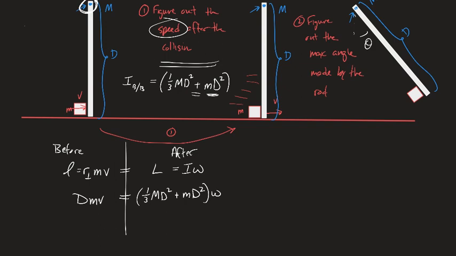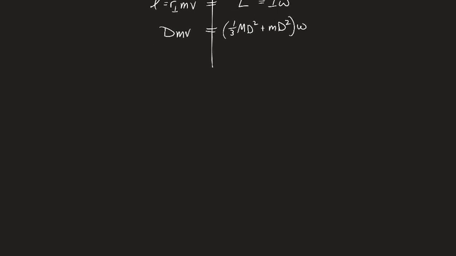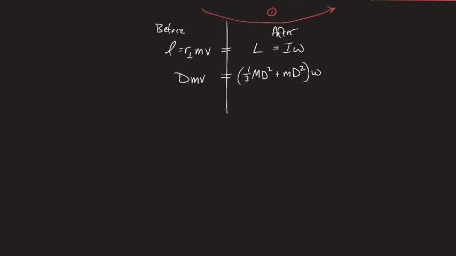And it seems to me that we now have a way of solving for the angular speed. So solve that for omega. Now look, this isn't pretty. And it appears to me that we could even get rid of one of the d's here.